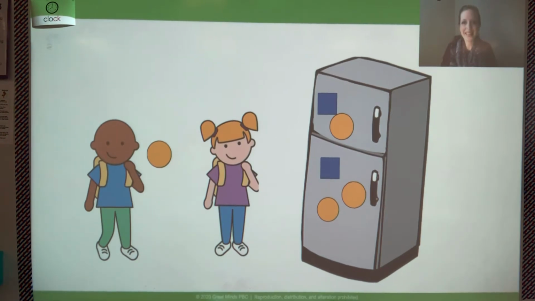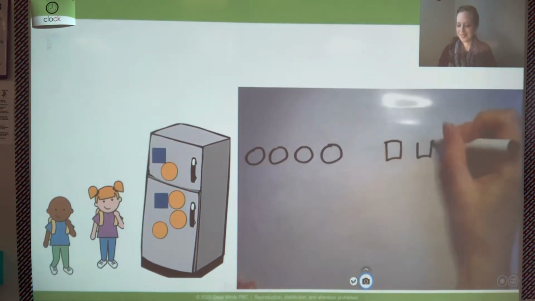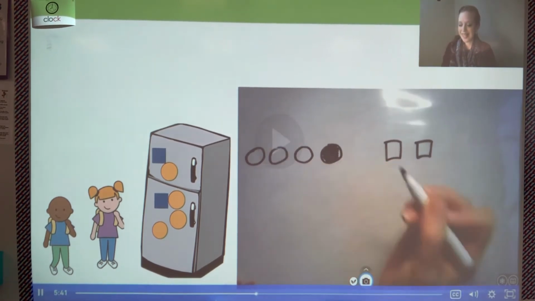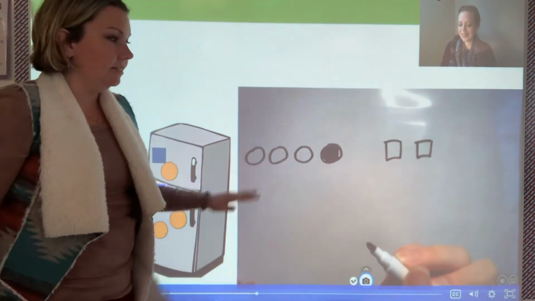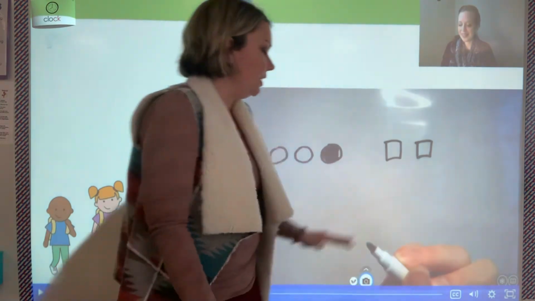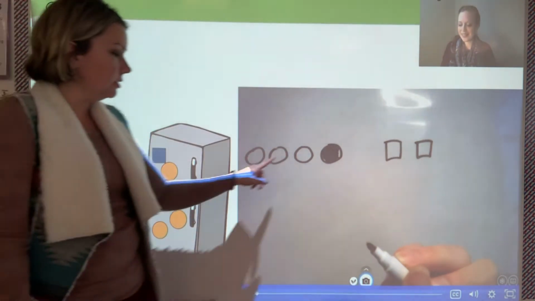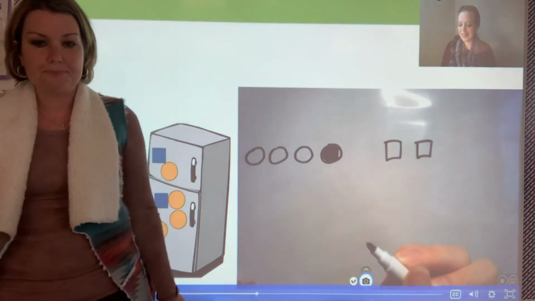Levi gave Annalise another circle. I'll draw all the shapes on my board. We've got the 3 circles that Annalise had and the 2 squares, and her friend Levi gave her another circle magnet, and she colored that circle magnet in.